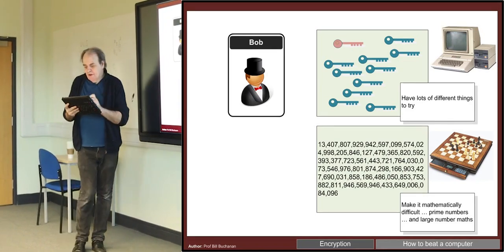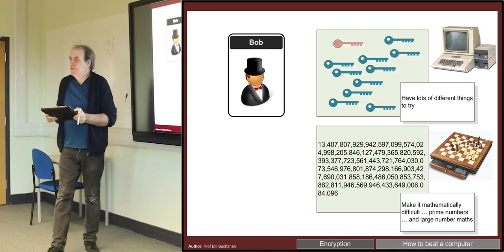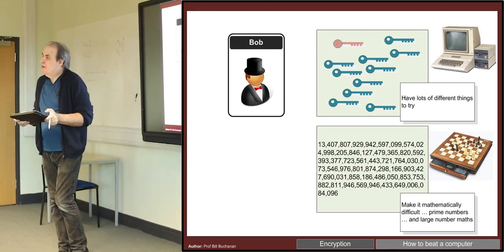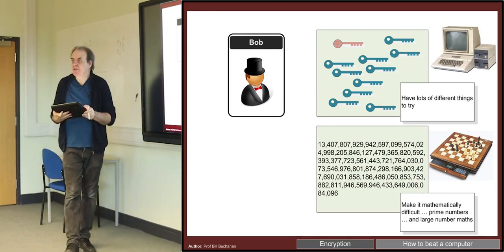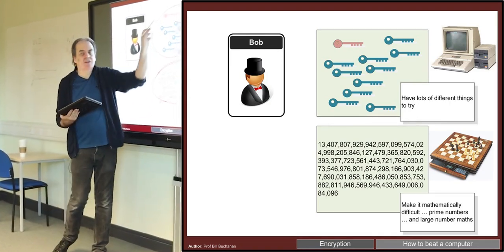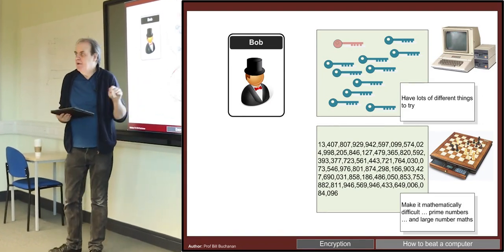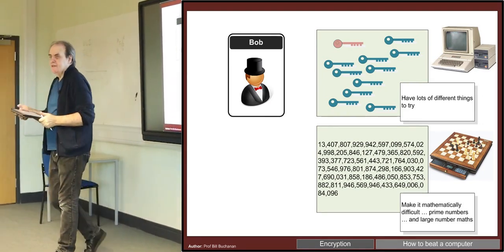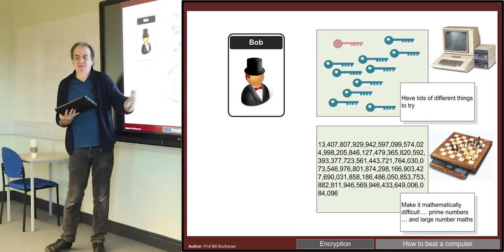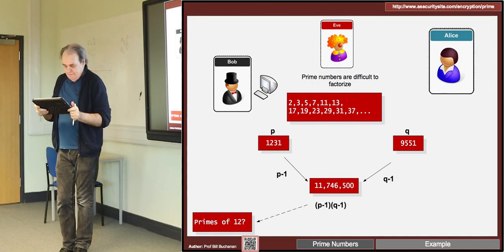You'll find later on in the module, we'll be looking at ways that we can make it difficult for computers to crack things. Two difficult puzzles are when you've got lots of keys and it has to search through every single one to find the right key. And the other puzzle is to give it a bit of maths that it really doesn't like to do. It doesn't like to factorize a big number like that.